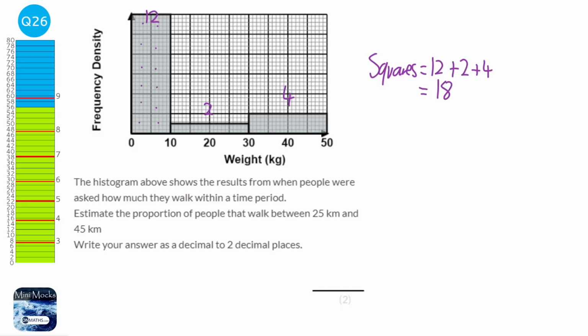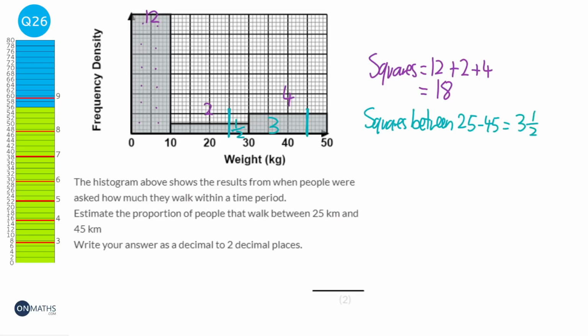Now it says that we're looking for between 25, which will be here, and 45, which will be here. So we count the squares in this little interval. There are 3 here, and there's half a square here. So the squares between 25 and 45 is 3.5.